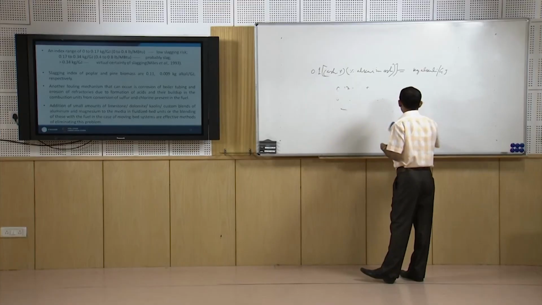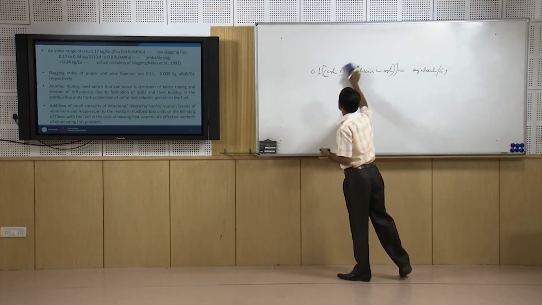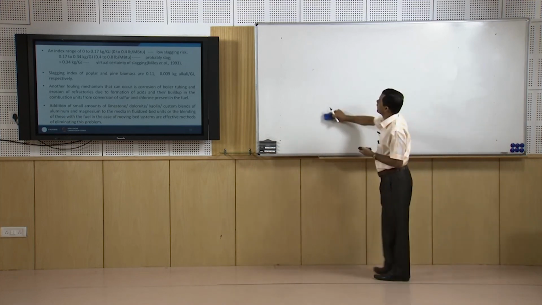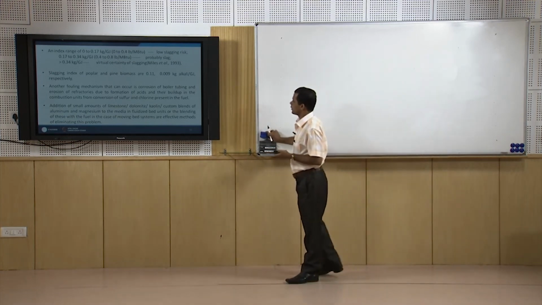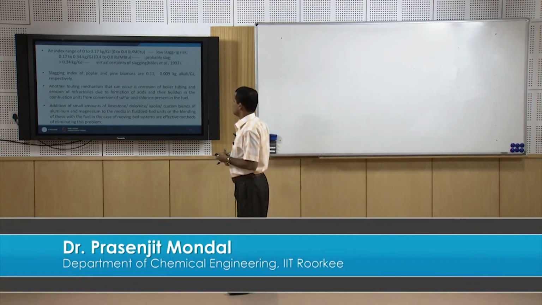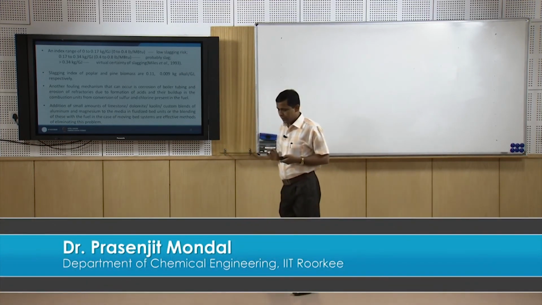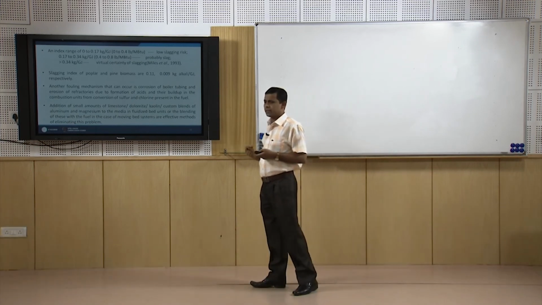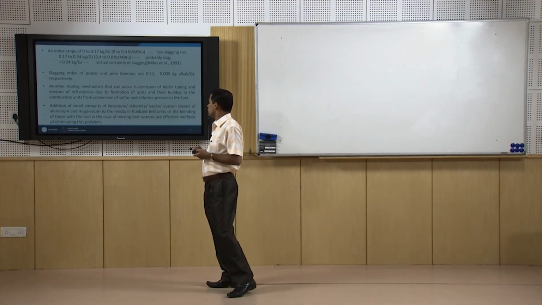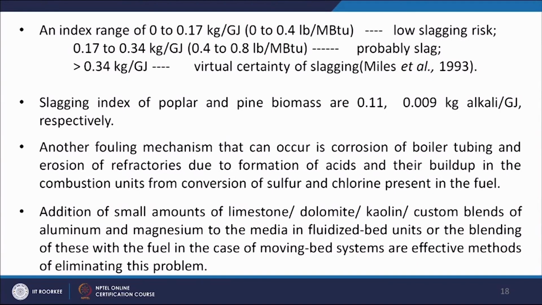Another operating problem which arises is the fouling of the incinerator due to the formation of acids. So, if sulfur and nitrogen are present, in that case nitric acid and sulfuric acid can be formed and that can affect the furnace. To reduce this effect, some materials like dolomite, kaolin, limestone, custom blends of alumina and magnesia can be used in fluidized bed.